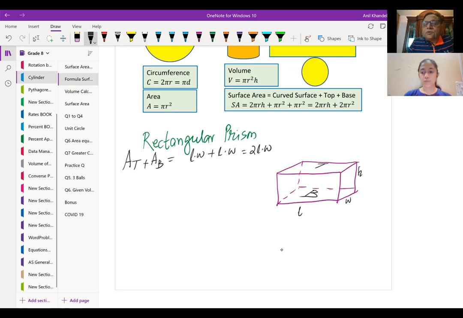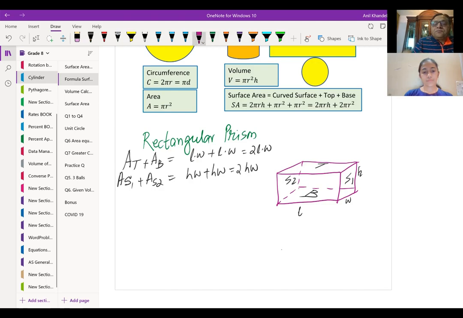Now, let's take the side view, right? This is side 1 and that is side 2. What is the area of the sides? Height times width, plus height times width, so 2 times height and width. Now, let's talk about front and back.